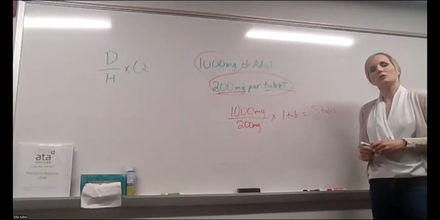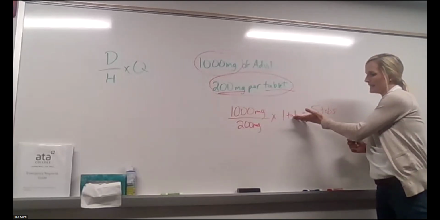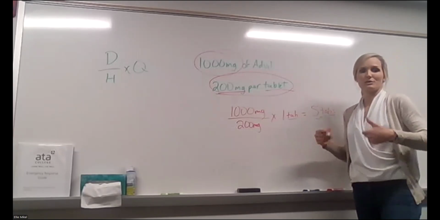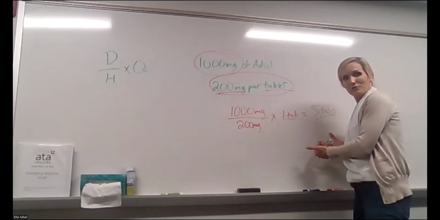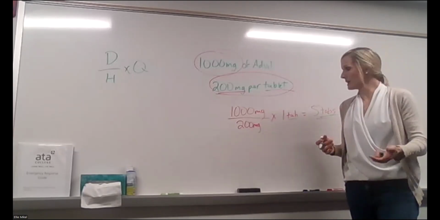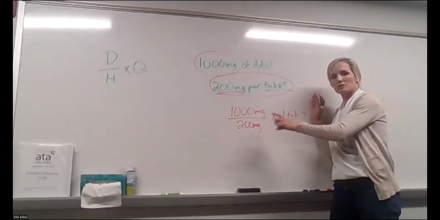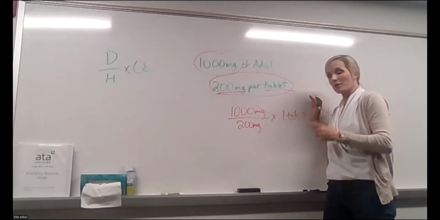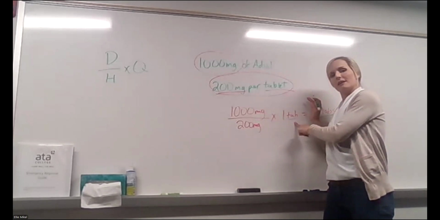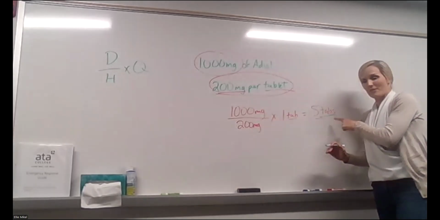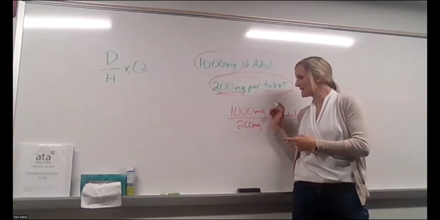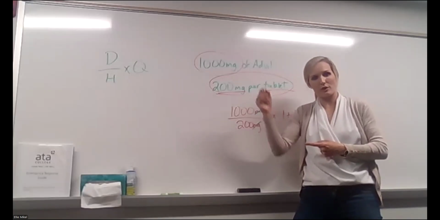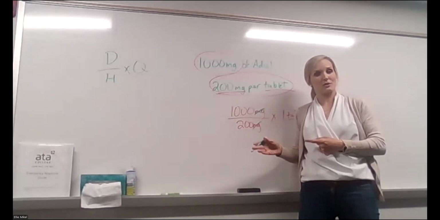And just as a reminder, whatever my quantity is, the unit of my quantity is the unit in my answer. Since Advil comes in tablets, my answer is to give 5 tablets. I point that out because before the equal sign in this equation, we had 3 different units: milligrams, milligrams, tablets. My answer is tablets. Therefore, what happened with the other 2 units, since they were the same and on top of each other, as numerator and denominator in a fraction, is they cancel each other out.